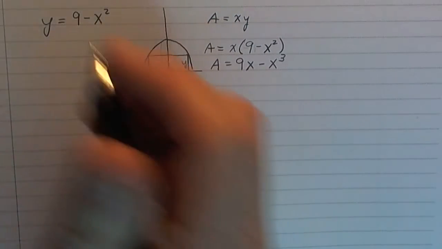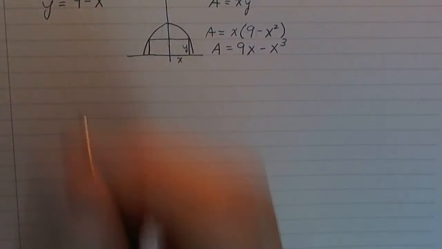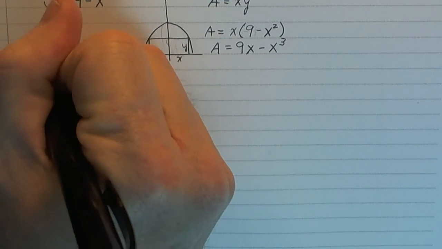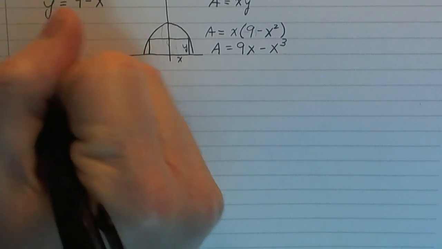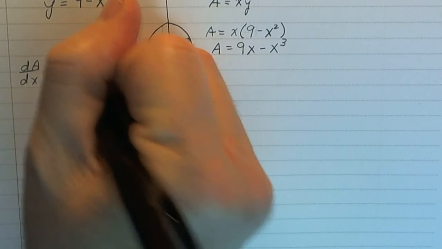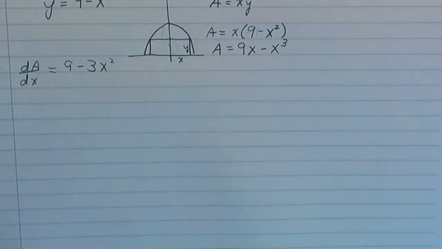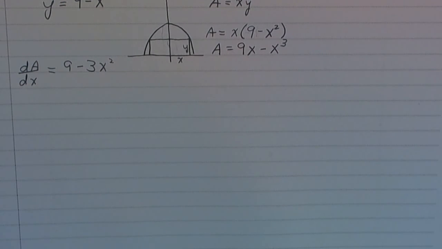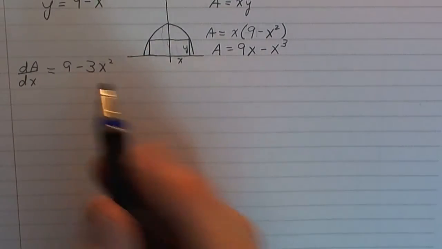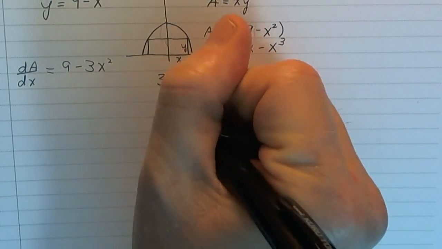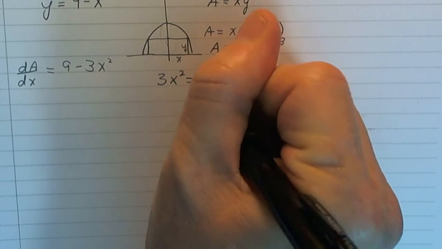Now I'm ready to differentiate. So here we go. I've got dA/dx is equal to 9 minus 3x squared. Now I set that equal to 0. So I've got 3x squared equals 9.